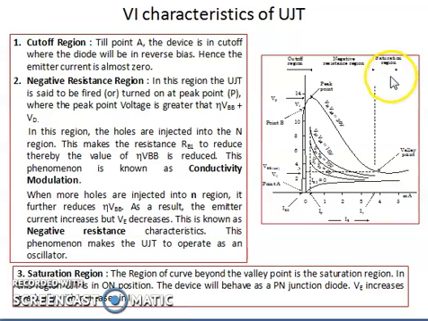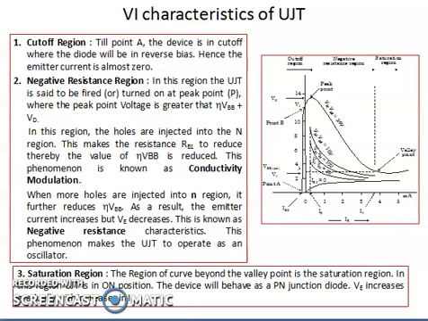And next we have the saturation region, and this region of the curve beyond the valley point is the saturation region. In this region the UJT is in the on position and the device will behave as a PN junction diode.